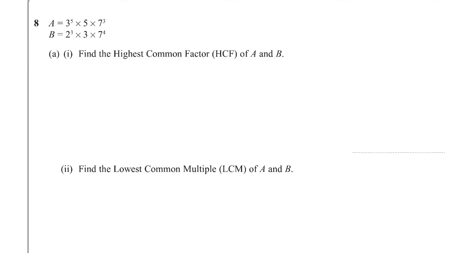Question 8, we're given 2 numbers, A and B, decomposed into prime numbers. We need to find the highest common factor. For the highest common factor, we pick out the common factors to their lowest power.